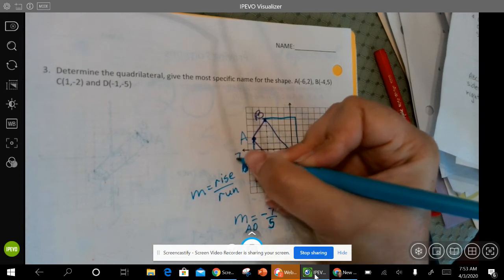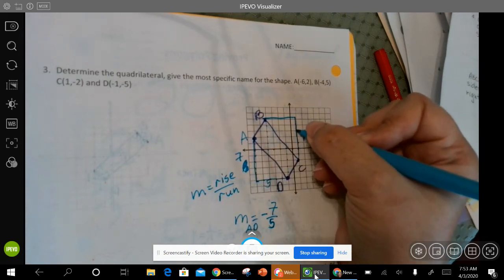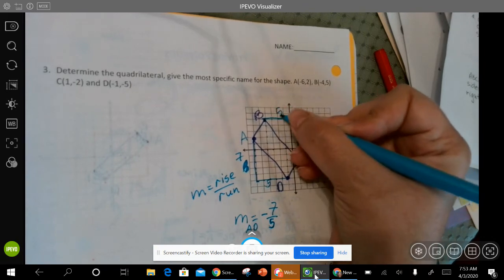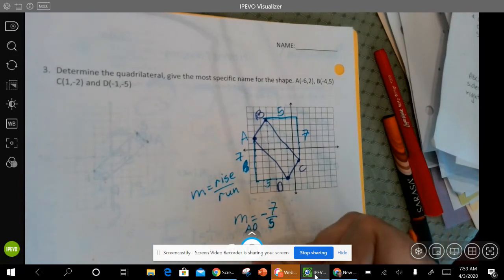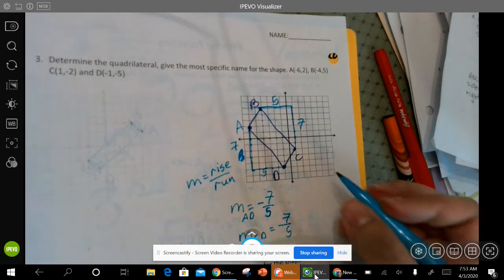So over 7. So 1, 2, 3, 4, 5, 6, 7. 1, 2, 3, 4, 5. So 5. Okay, so our slope is going to be -7/5. Okay, so we got that one.